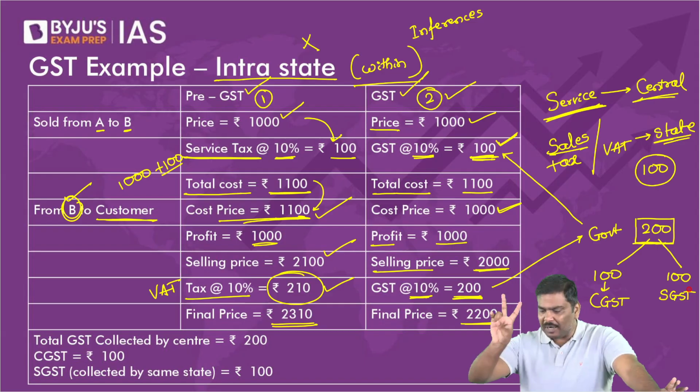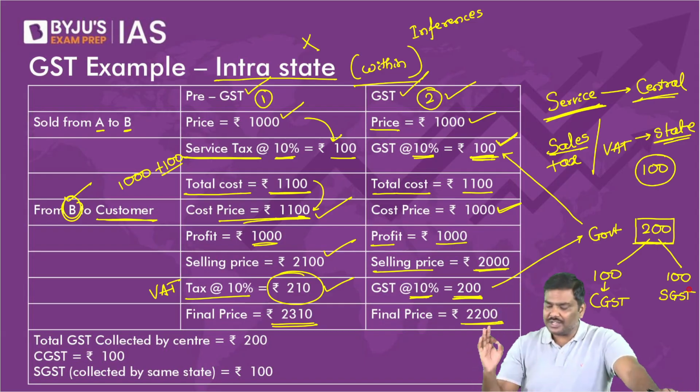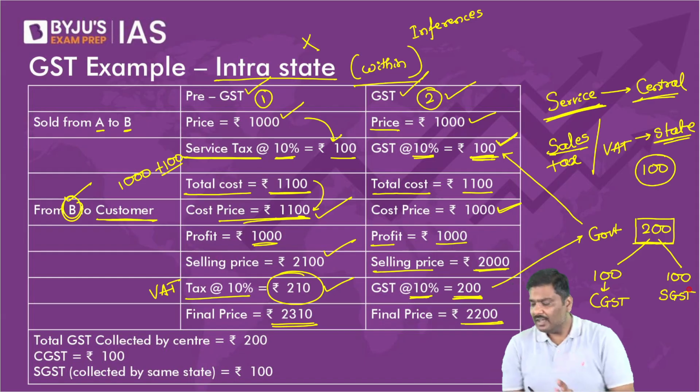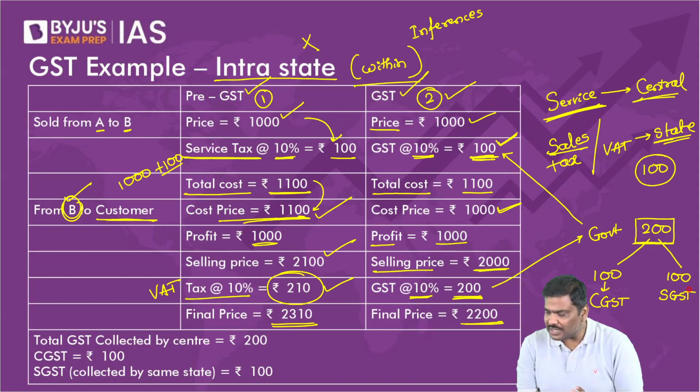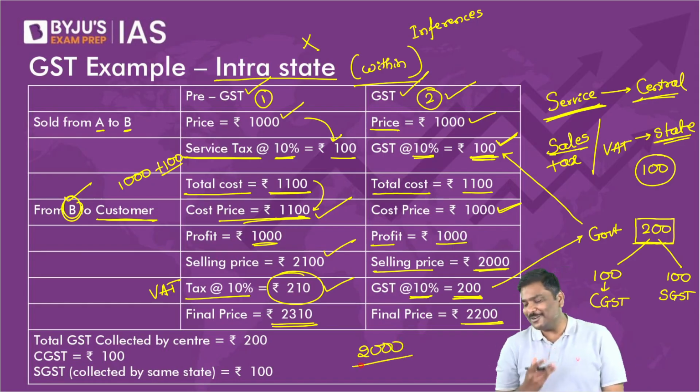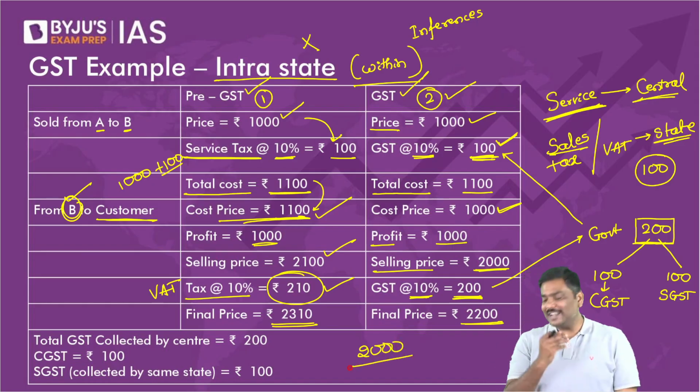Look at example 2 and please tell me how much is the value addition that is taking place in the second example. Can I say value addition is 2000 rupees? Some of you are saying 1000 rupees. No, my dear, 2000 rupees. Value addition that is taking place is 2000 rupee.